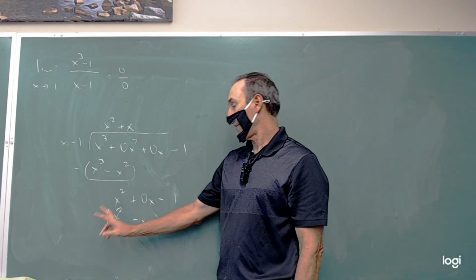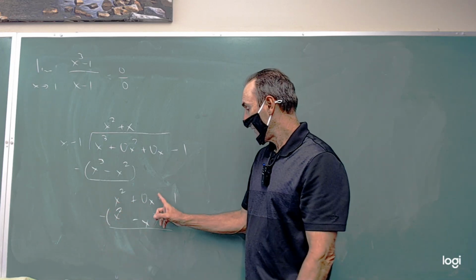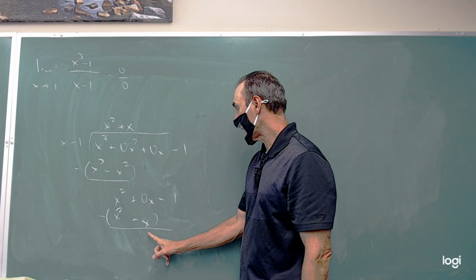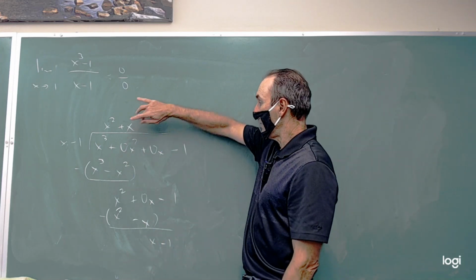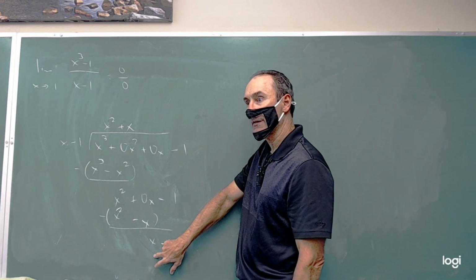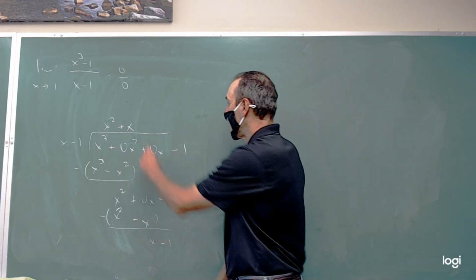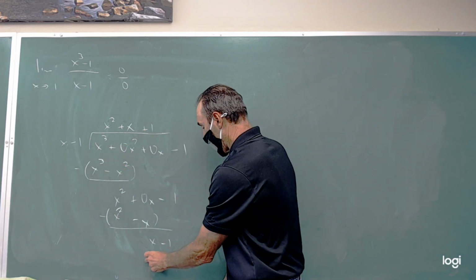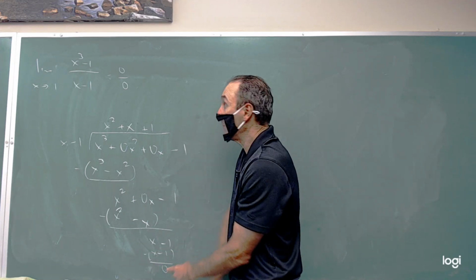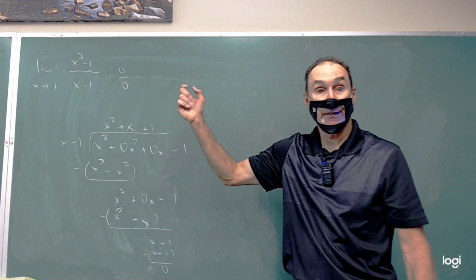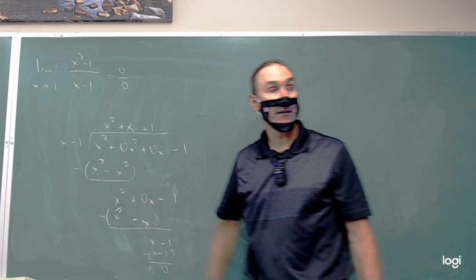So the x squared minus x squared drops out. 0 minus negative x is x, bring down the minus 1. What times x is x? 1. And 1 times x minus 1 is x minus 1. And we knew it was going to come out even because 1 made that 0, so x minus 1 had to divide in there evenly.